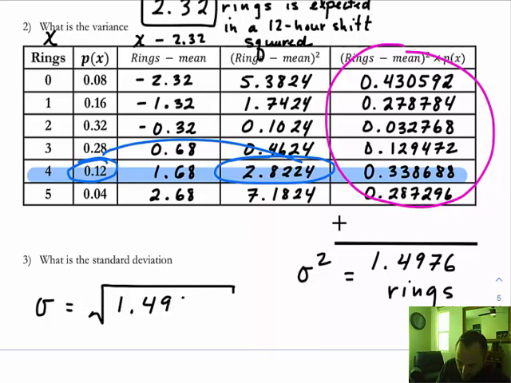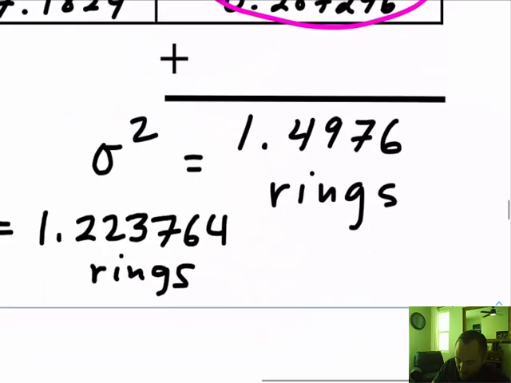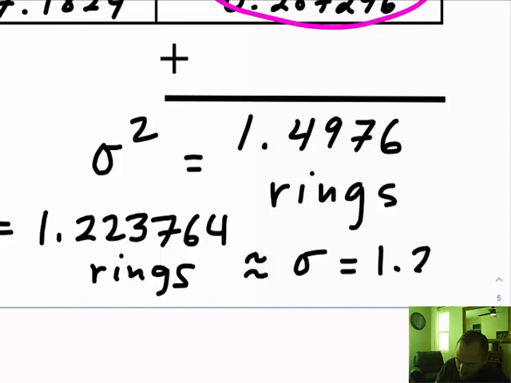So that's the square root again of our 1.4976, and of course, that's equal to 1.223764 rings. And then finally, we can round that to one decimal place because we have whole numbers for our data. So then I can say for that statistic that sigma is approximately equal to 1.2 rings.